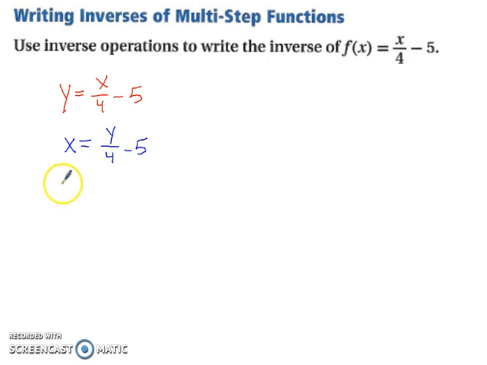So we're going to add 5 to both sides. That leaves us with x plus 5 equals y divided by 4. And now we're going to multiply both sides by 4.